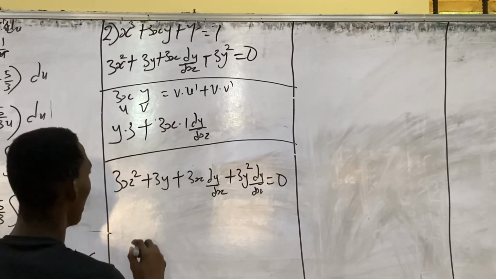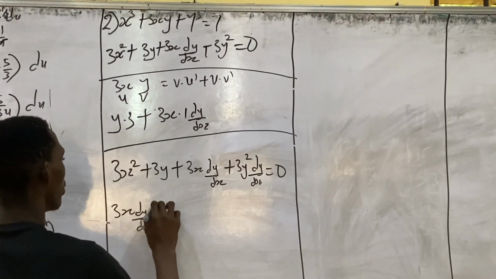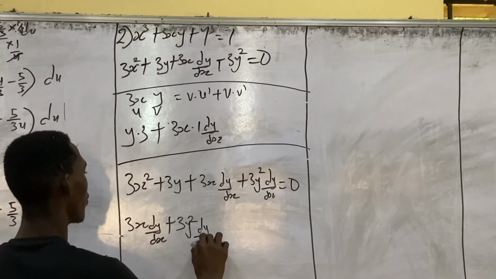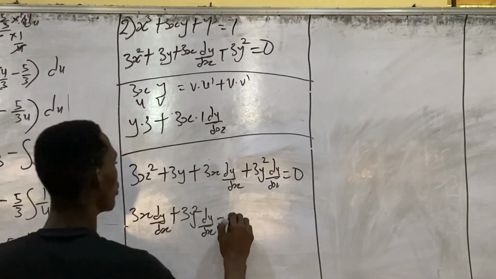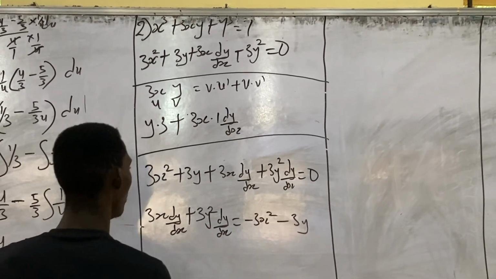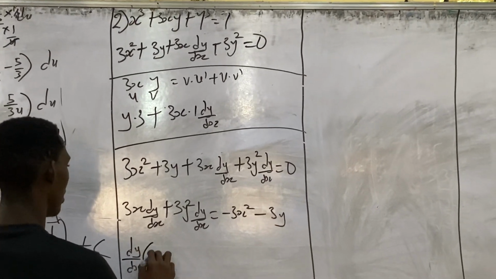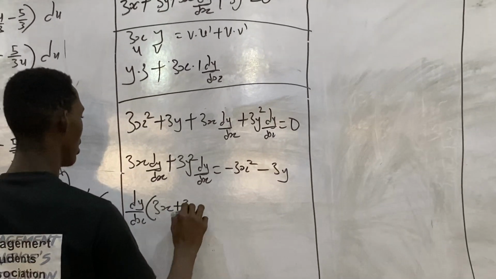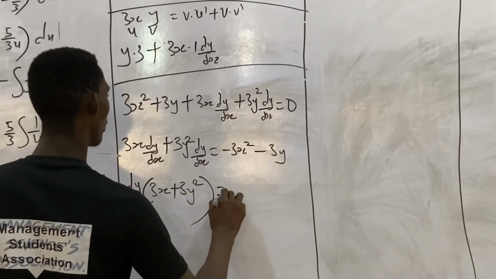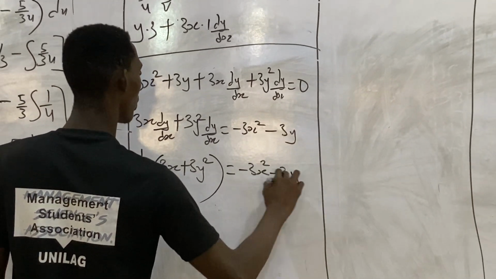So now you can collect like terms by saying 3x dy dx plus 3y squared dy dx is equal to, then these two come over, minus 3x squared minus 3y. So dy dx is a common factor here. You have dy dx in bracket 3x plus 3y squared, close bracket, is equal to minus 3x squared minus 3y.